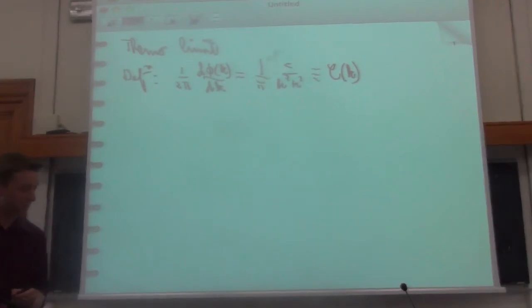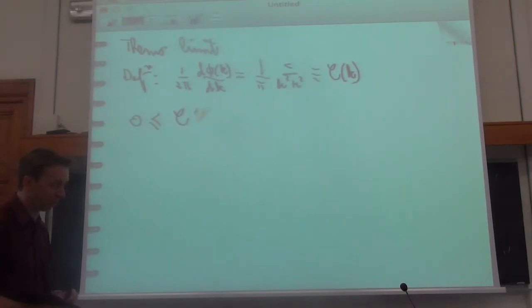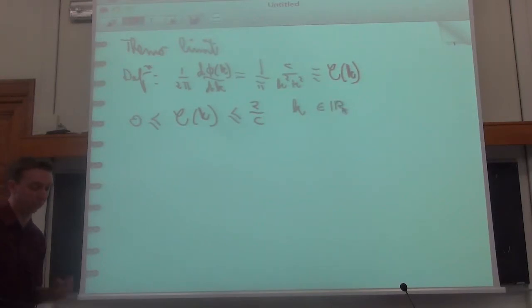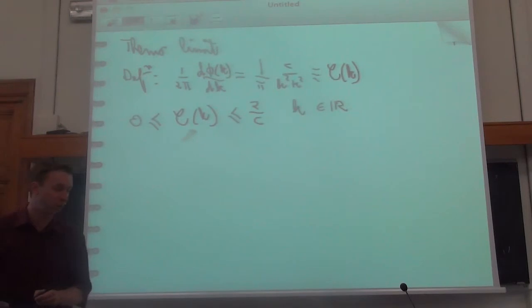One of the things about this function, of course, is that it's bounded. So you can just see that for positive values of c, this kernel for any value of k is just between these two boundaries, 0 and 2 over c, for all k in the real numbers. Why do we do that? Let me write another inequality here.